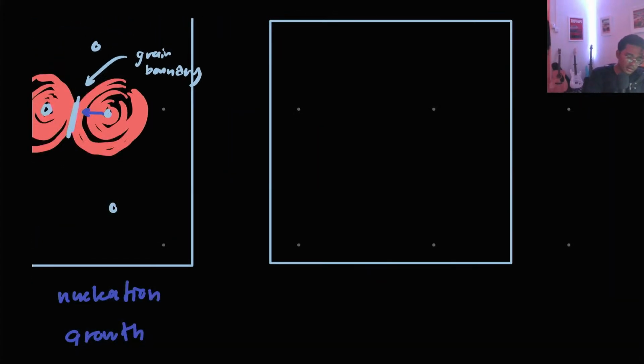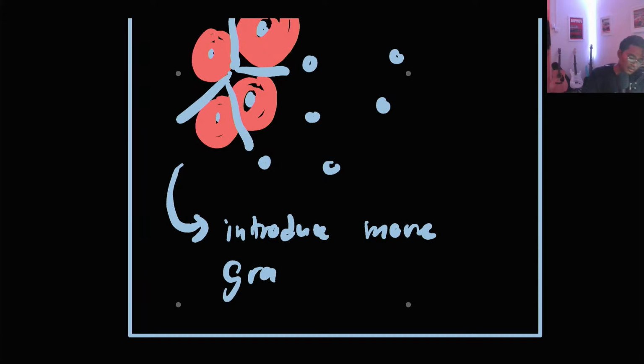In comparison, if the nuclei are situated closer to each other, they wouldn't have much space to grow, but they would be much closer to each other, introducing more grain boundaries.